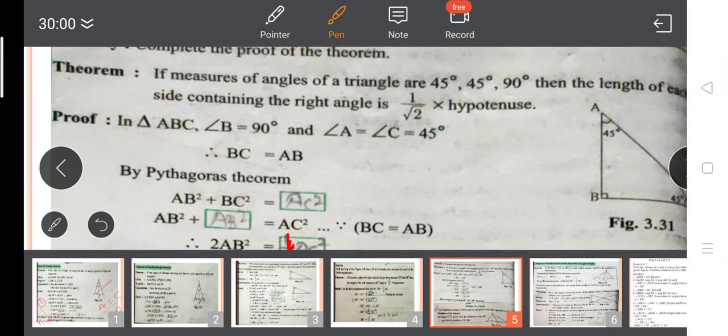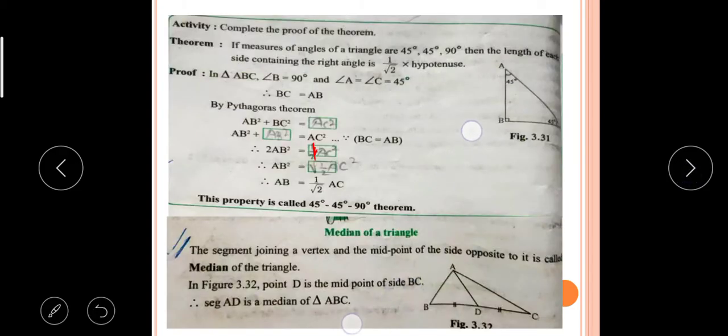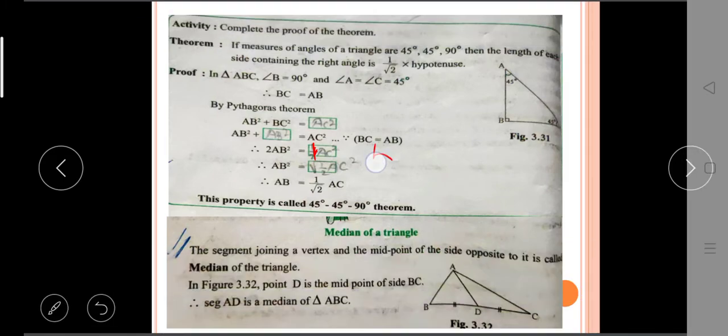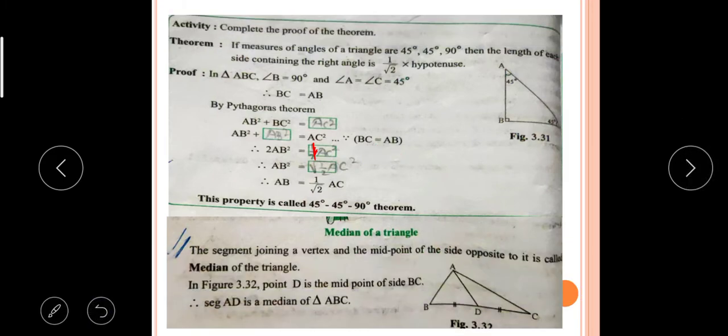So AB square is equal to 1 by 2 of AC square. So AB is equal to 1 by root 2 of AC. We can write it like this here. In this way, it is proved.